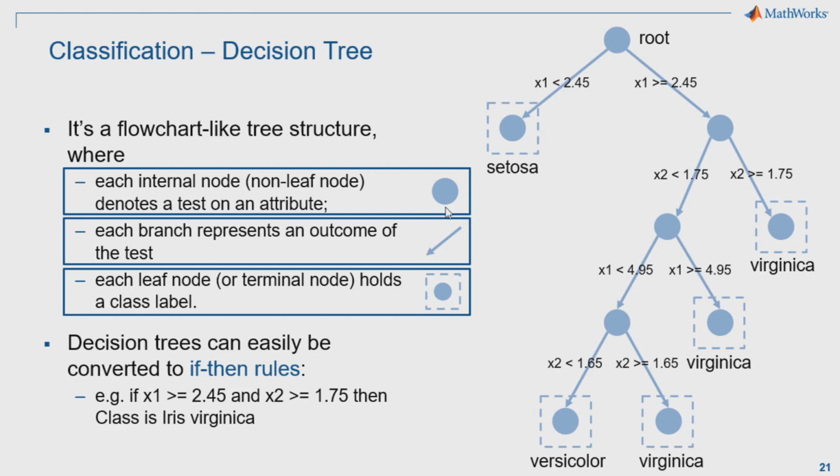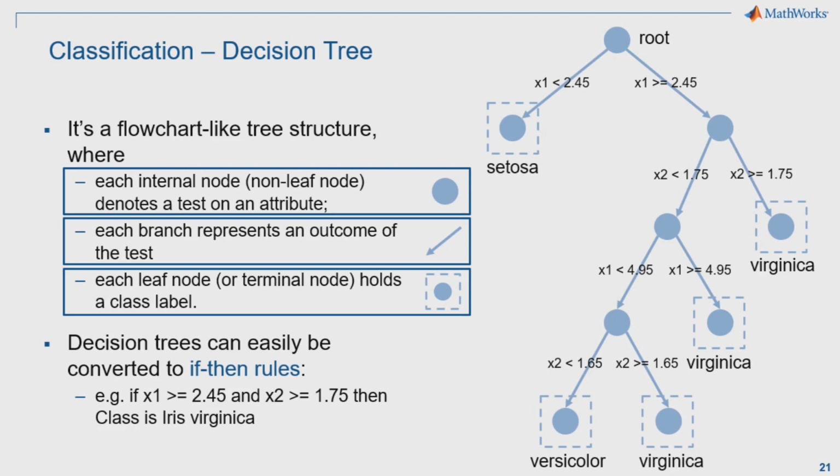Then there are the branches. The branches represent, for our classifier, the outcome of a test. Sorry, I forgot to tell you that each internal node in a decision tree is a test on an attribute. So if your attributes are, for instance, height, weight, and others, each internal node represents a test on one of these features and could be, for example: is the weight larger than a certain threshold?